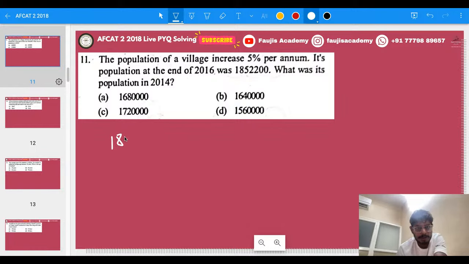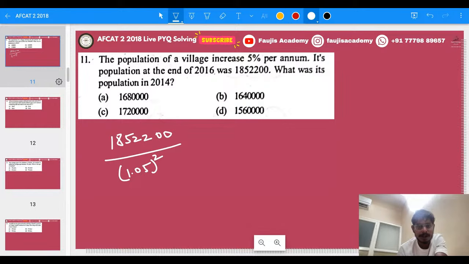Okay. One way is this. This is how you can find the answer to this particular question. But do you think it makes any sense to calculate it this way?